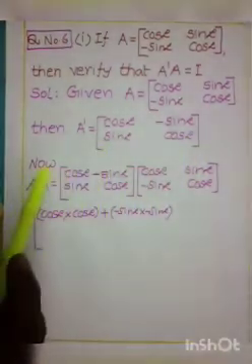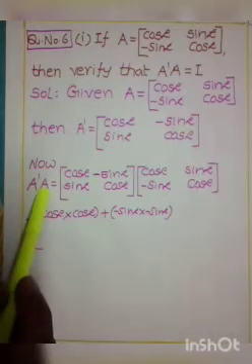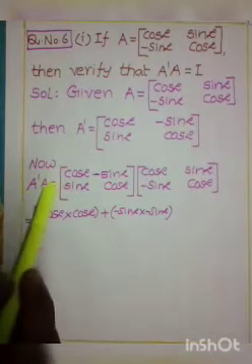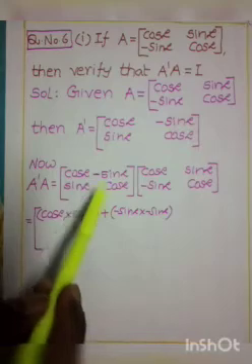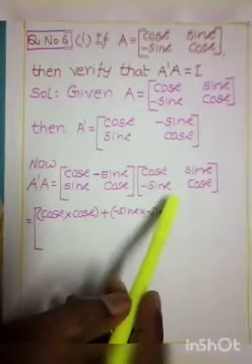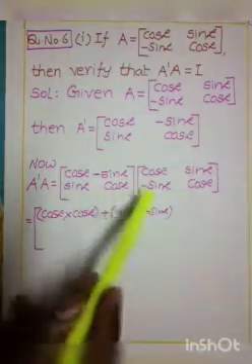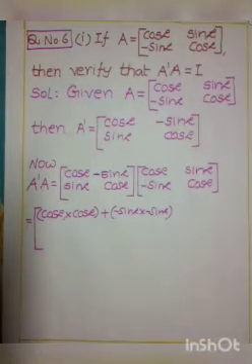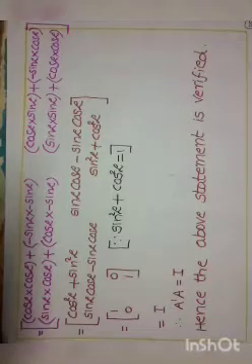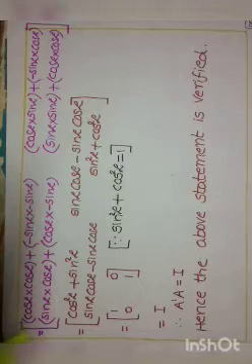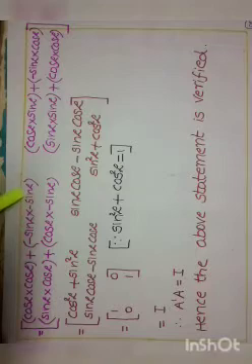Right. Now A dash into A, we have to multiply these two matrices. We found here A dash, so we write that A dash here. A already given, we write that matrix here. Understood this step, my dear children? Right. By multiplying the two matrices, we get these elements in the matrix. Cos alpha into cos alpha plus minus sin alpha into minus sin alpha.